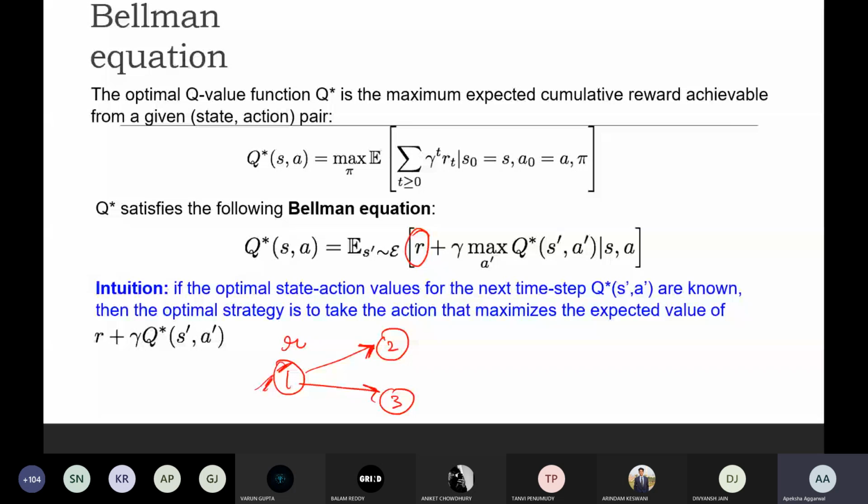If I choose action A dash, and I move from this S state to S prime state, S dash. So this equation is nothing but the present reward plus the future rewards when I take some action A dash to move to state S dash. From S to S dash I'm moving, and it is just the sum of all those.